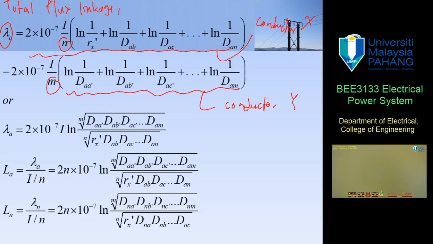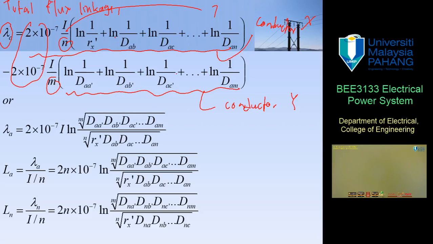Still remember the distances between the first conductor and the next ones, from B, C, D, E, F, G until the nth strand. From here you can easily simplify the equation. You take the term out, and then bring 1/n here, which means the nth root.